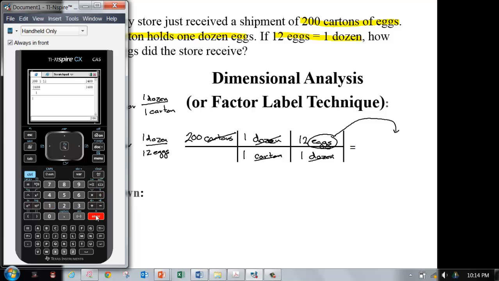And then I hit enter, and then I divide by the second digit in my dimensional analysis denominator, which is also 1. So on and so on until I have all of the digits in the denominator completed. And we see that my answer is 2,400 eggs.